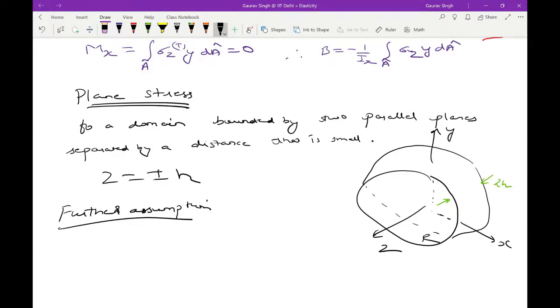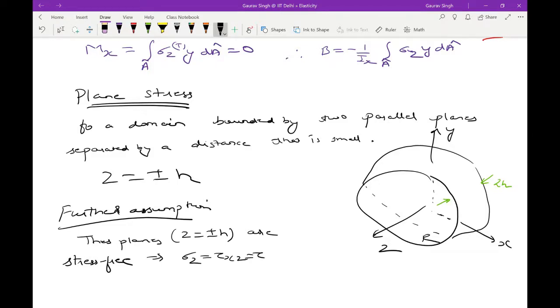The assumption over here is that these planes z equal to plus minus h are stress free. That would mean that sigma z is equal to tau xz is equal to tau yz is equal to 0 on each face, where each face is z equal to plus minus h.